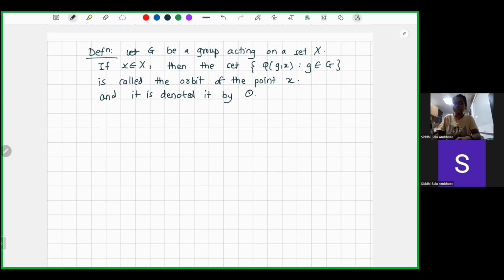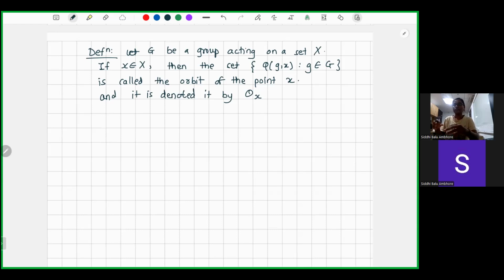This suffix x is the one signifying whose orbit it is. So orbit is something we define for an element from the set X on which the group is acting. We do not have an orbit of some element in G.